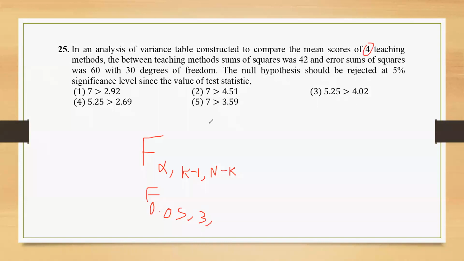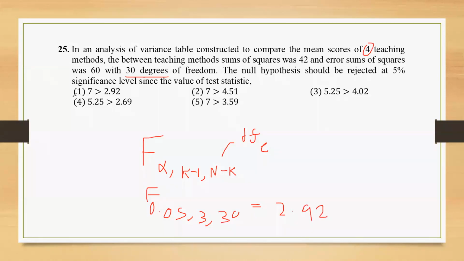Here 4, right? And this is the error degree of freedom, and it was given as 30. So you just need to find the F value in the F table at 0.05 alpha, with first degree of freedom 3 and second degree of freedom 30, and the value should be 2.92.